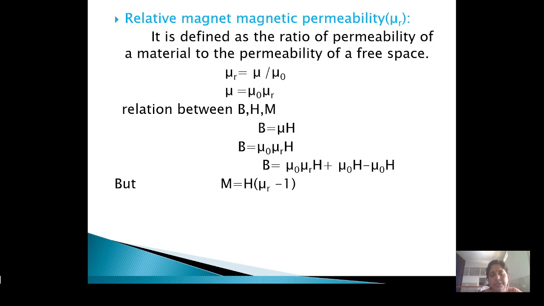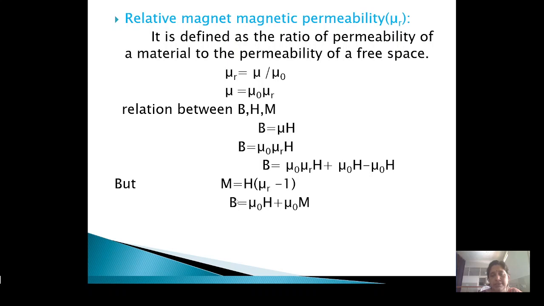So B is equal to mu naught H plus mu naught M.